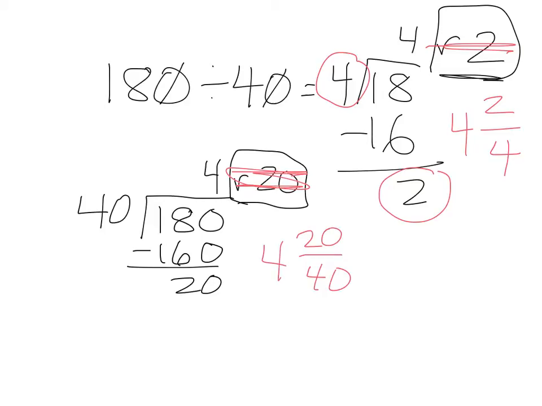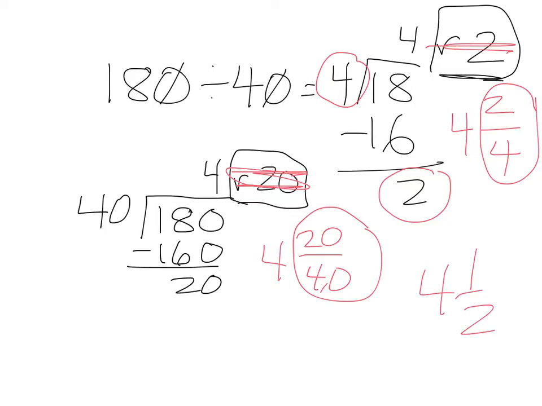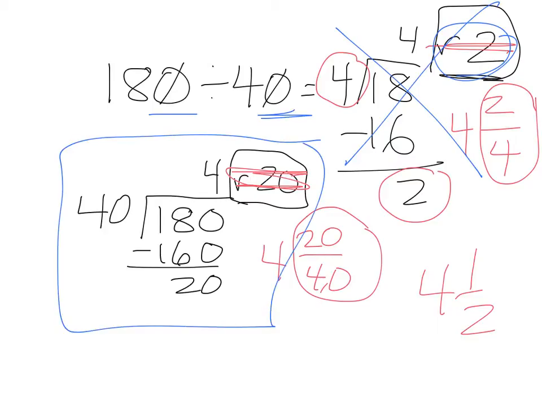Well, 20/40 and 2/4 are actually equivalent fractions. So if you wrote them as fractions, you'd be okay because they're correct, and they both reduce to 4 and 1/2. But we're going to save that for the fractions chapter. For right now, you need to know to not do the shortcut if it comes out with a remainder. If it comes out with a remainder, you need to do it this way.